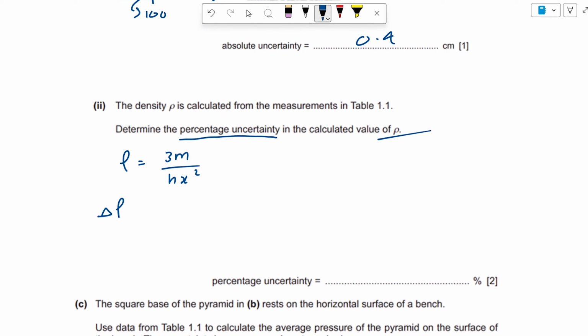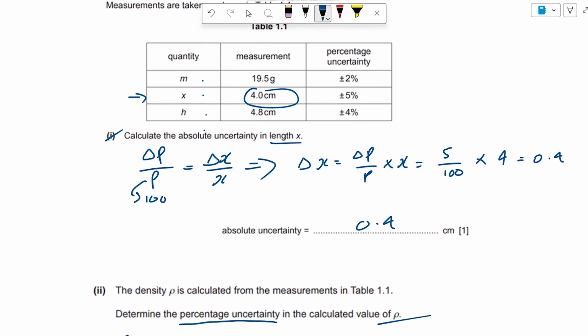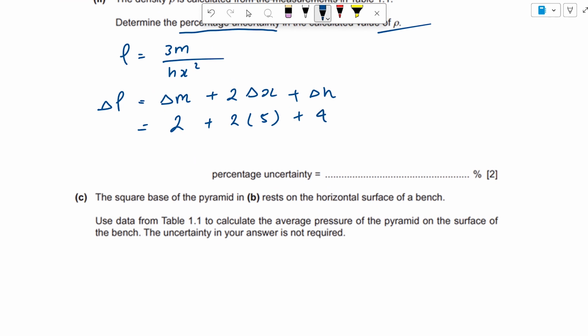Well, delta p is equal to delta m plus 2 delta x plus delta h, which gives us 2 plus 2 times 5 plus 4, which is equal to 16.